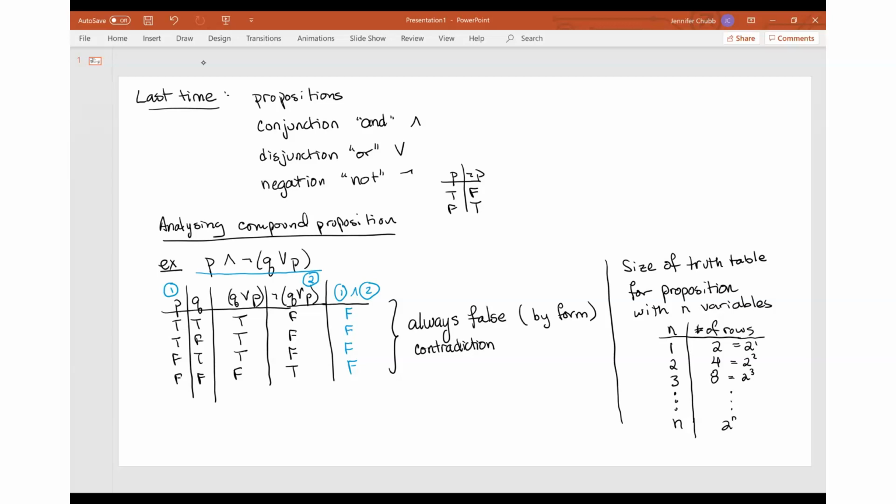We'll talk about that later in the semester, but it comes from this exact phenomenon: if you want to know if it's possible to assign truth values to the variables of a statement in such a way that the statement will evaluate to true, that is a very difficult question to answer in a uniform way with a program, because the computation time grows so large, and that happens because the truth tables grow so large.